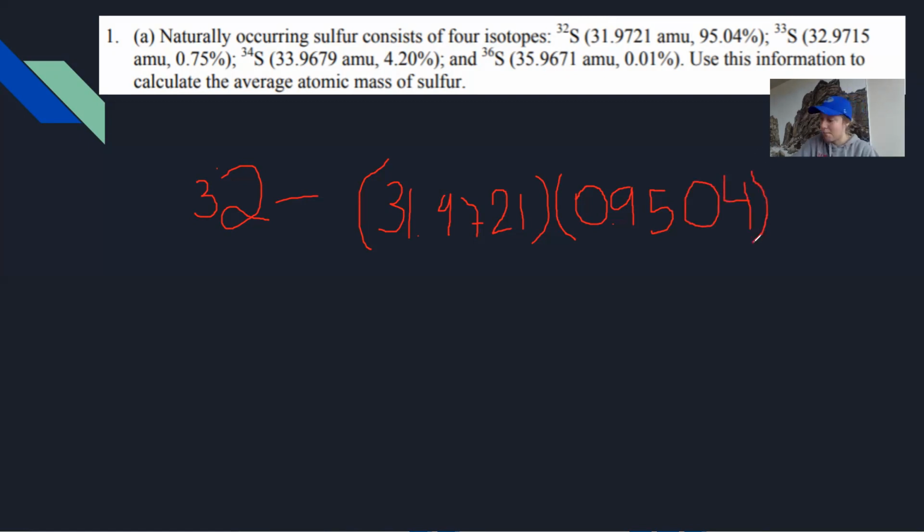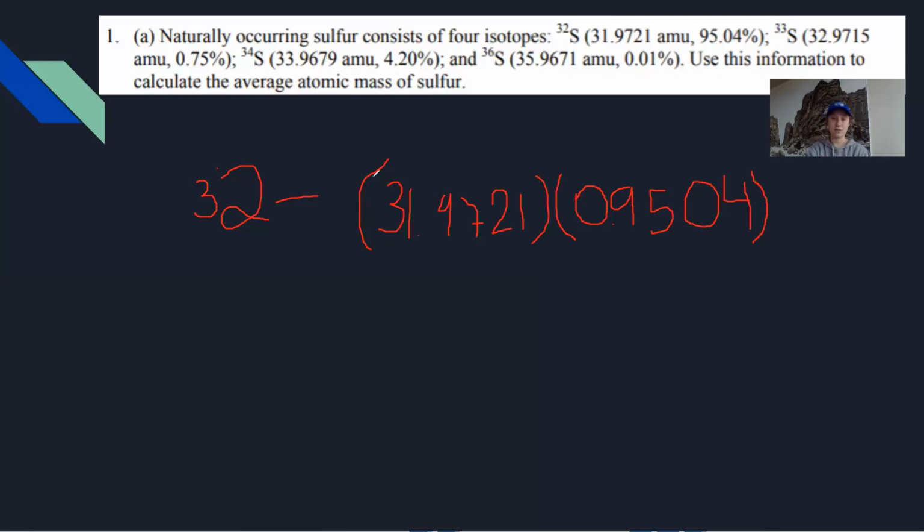And I'm not exactly sure what that would be, and I don't really want to work it out on my calculator because that would waste time. But you do that for S32, S33, S34, and S36, and you multiply the percentage as a decimal by the atomic mass, and you add all of them up.